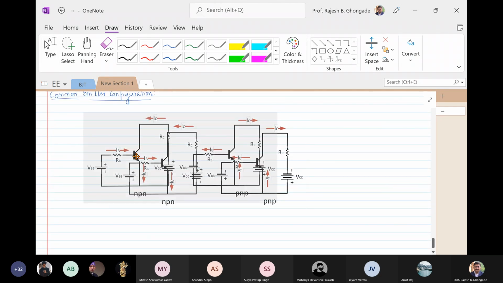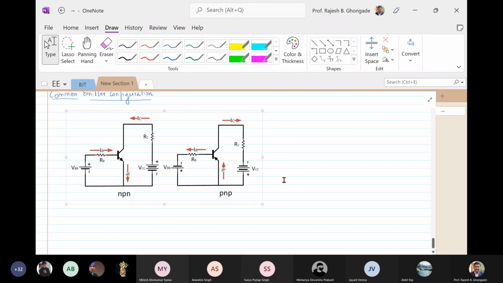So here we have the common emitter. अभी देखो इसका इनपुट करंट क्या है, इनपुट वोल्टेज क्या है, आउटपुट करंट क्या है और आउटपुट वोल्टेज क्या है. So what is the input voltage? V1. It is VBE. What is I1?